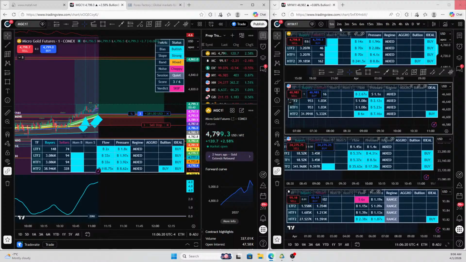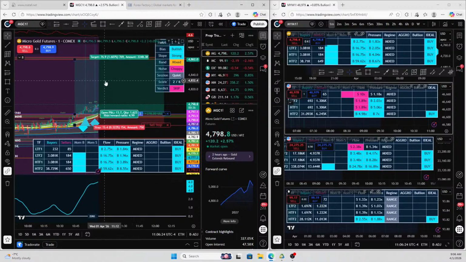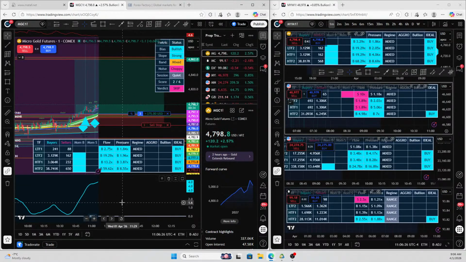Yeah, we're only holding the trade because there is a lot of volume backing the trade. And that's the reason we're going to hold this trade to take profit basically.